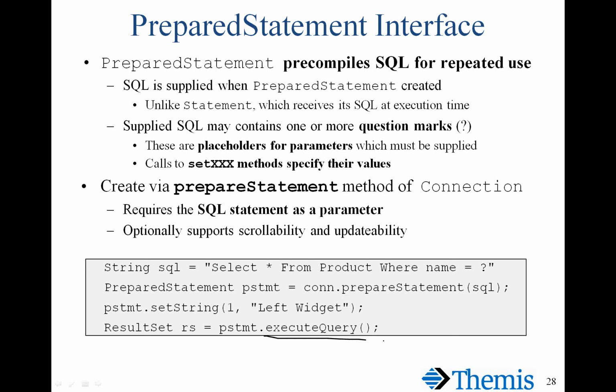And before we can execute this query, we have to provide a value for each one of those placeholders. And since the name is a string type, we call the setString method. Again, there are methods for all the different types: setInt, setDate, setDouble, and so on. And we're setting the name of the product we're looking for to left widget.